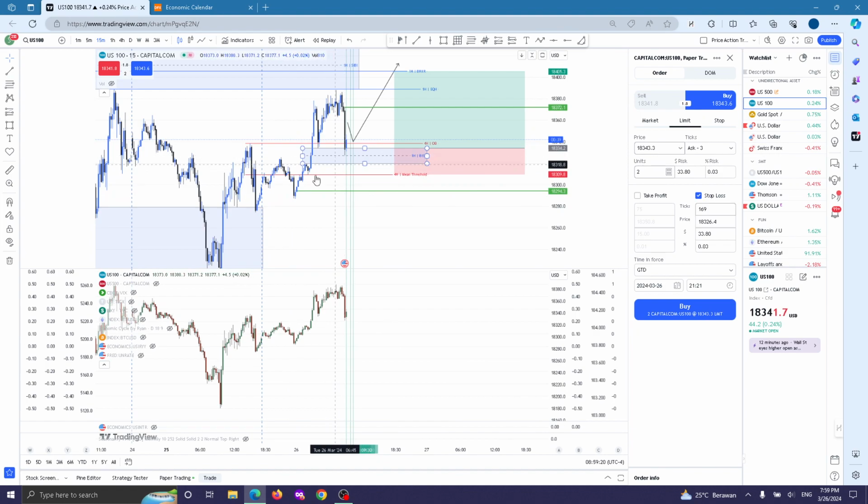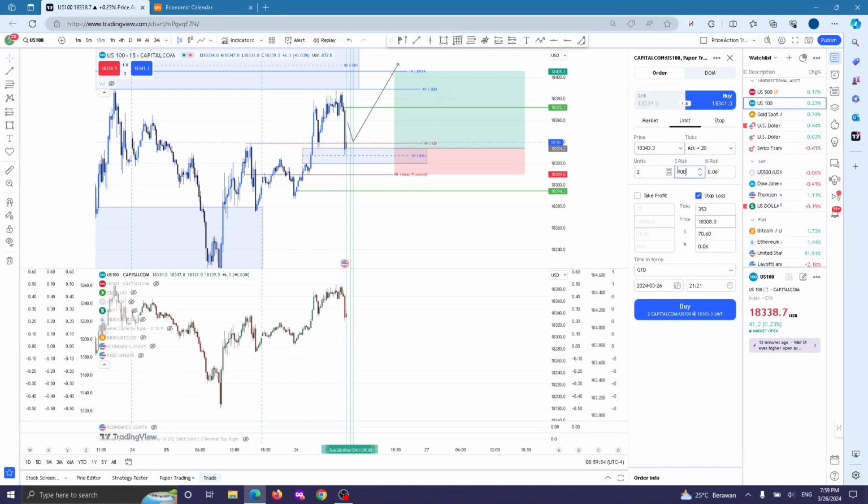Put on a buy limit. Stop loss will be at this low. 18309.6. I'll use a round number.